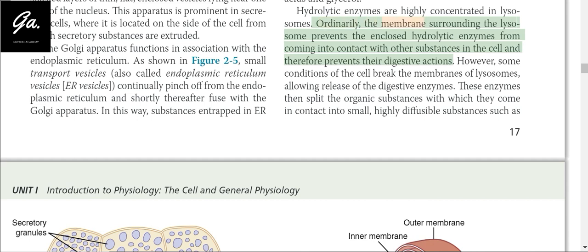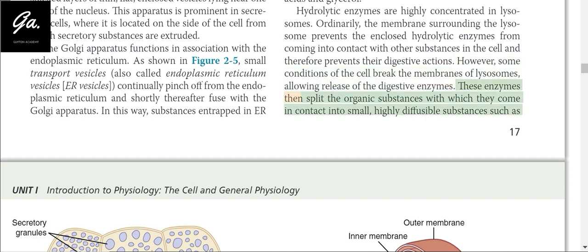Ordinarily, the membrane surrounding the lysosome prevents the enclosed hydrolytic enzymes from coming into contact with other substances in the cell and therefore prevents their digestive actions. However, some conditions of the cell break the membranes of lysosomes, allowing release of the digestive enzymes.